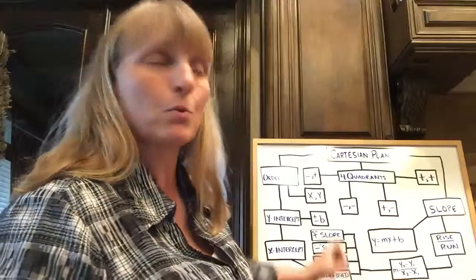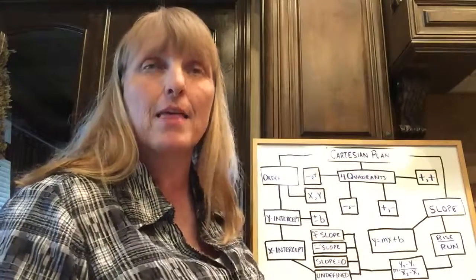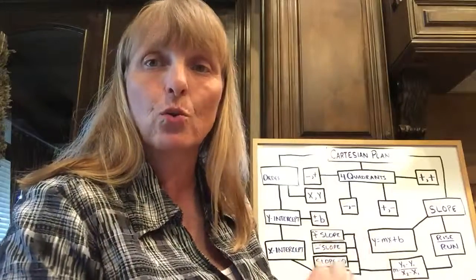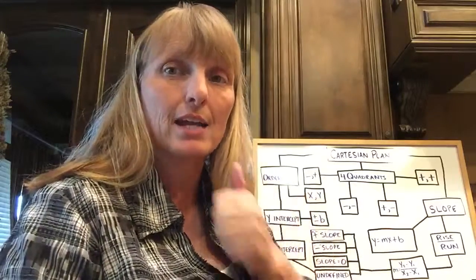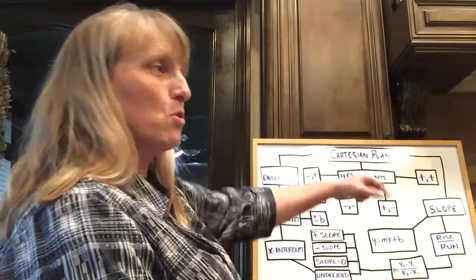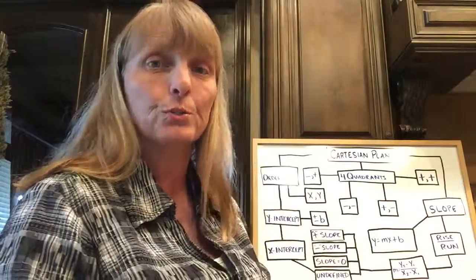Okay, so the number 1 quadrant over here, you have the symbols plus, plus, and that means that your x coordinate and your y coordinate are both positive. Okay, so that guy has a really good attitude because he's totally positive. Okay, and then if you move to the left side of your Cartesian plane, that is quadrant 2.